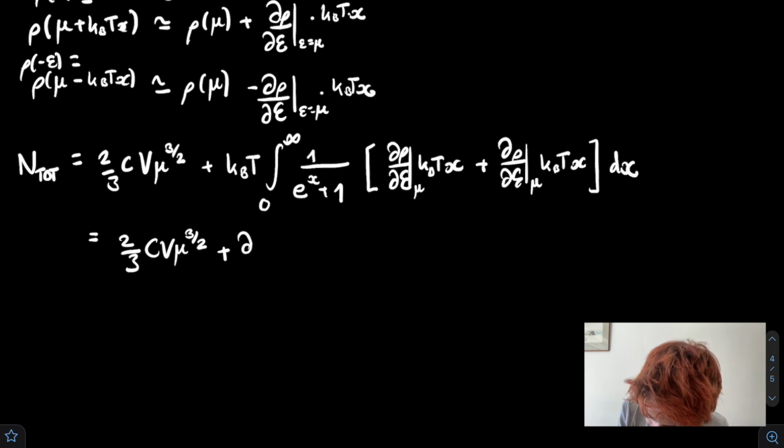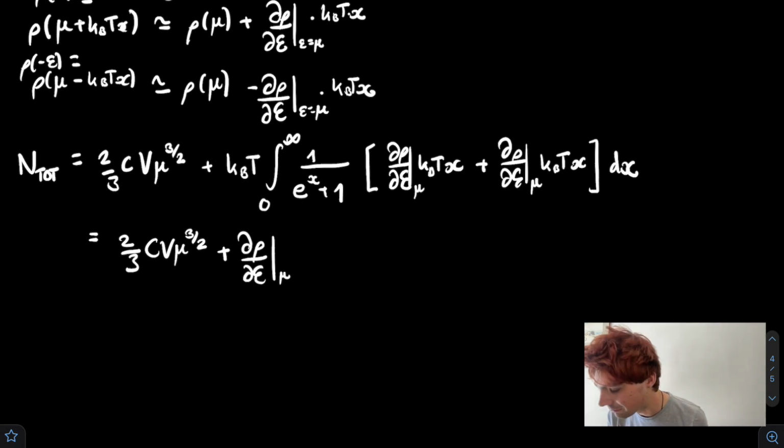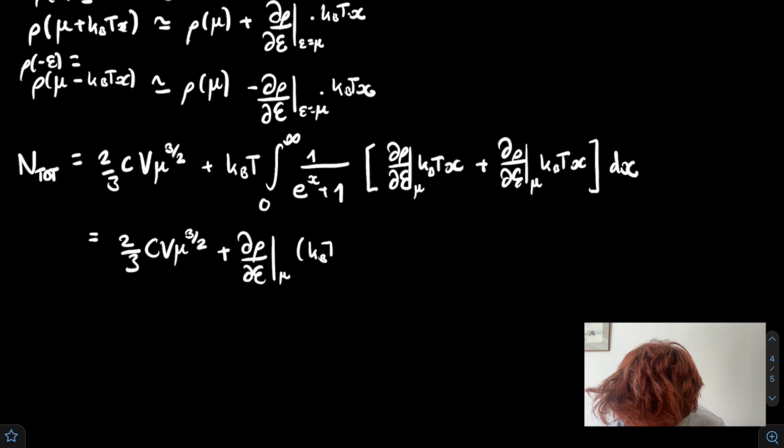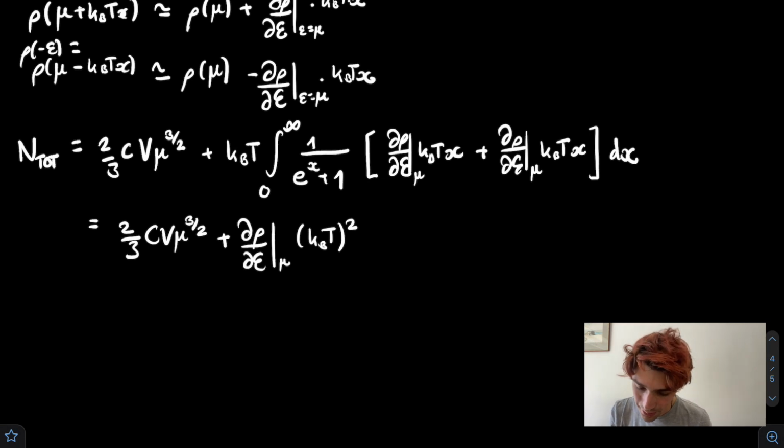Now we already have a kBT right there, so we're actually going to get kBT squared, and that inadvertently is the really important bit, but I'll just finish off the rest of this integral and then talk about this bit right there.